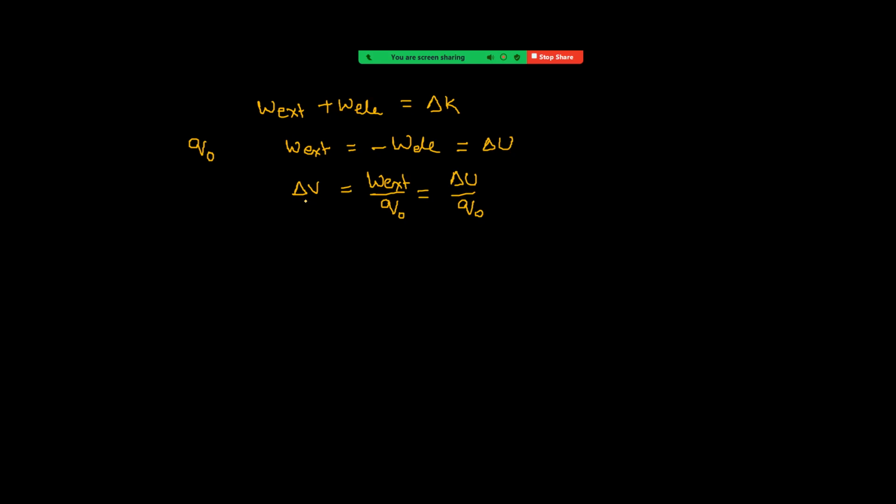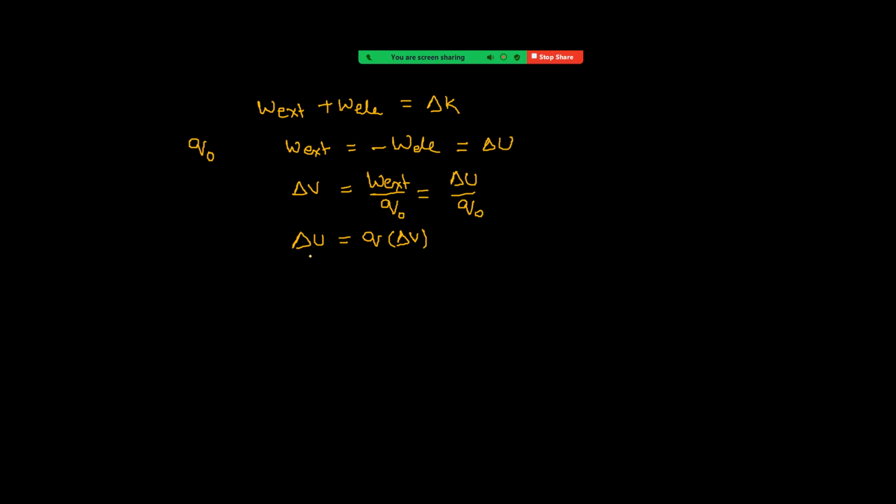From this what we can say is if a charge moves through a potential difference of delta V, then the change in potential energy is equal to Q into delta V. That means if a charge moves from low potential to high potential, then delta V will be positive, so delta U is positive.